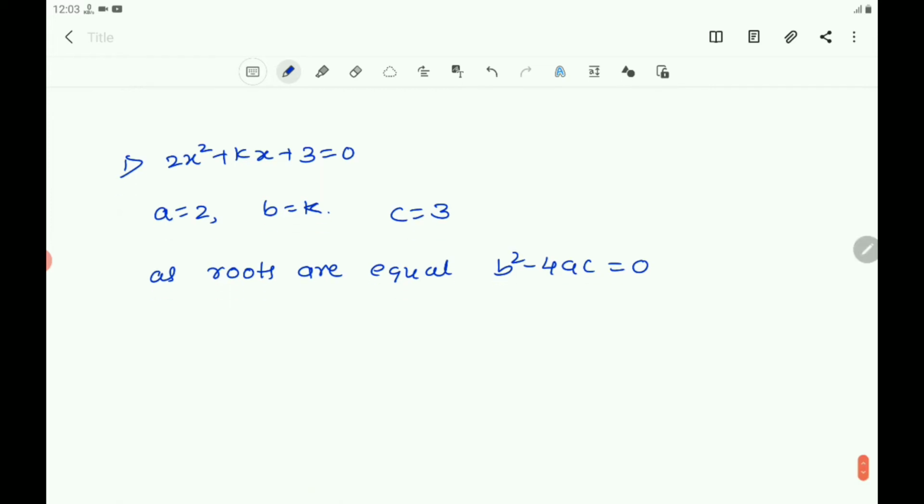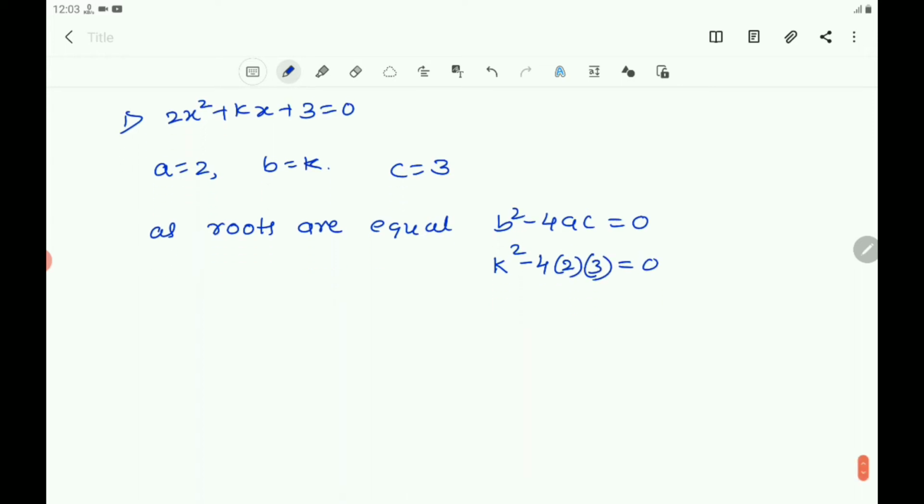So you substitute the values of a, b and c in b square minus 4ac. b is k. You write k square minus 4 into a is 2, c is 3 equals 0. Then you write k square, then 4 2s are 8, 8 3s are 24.